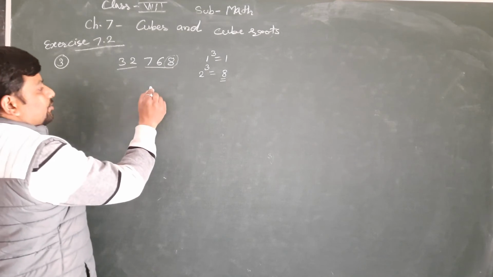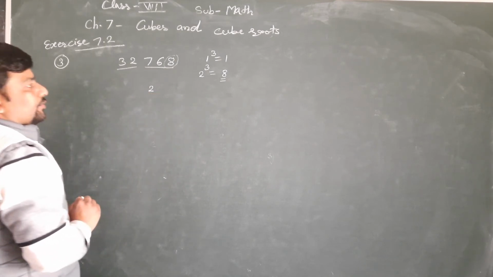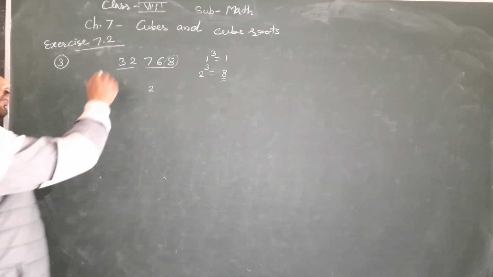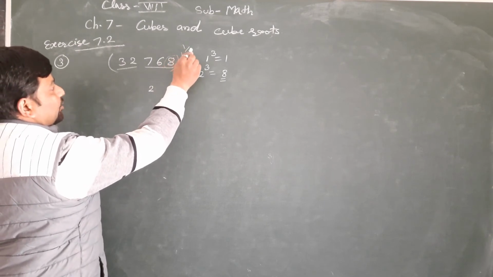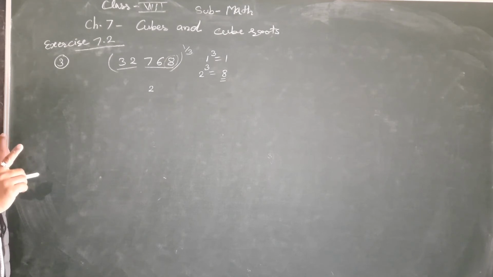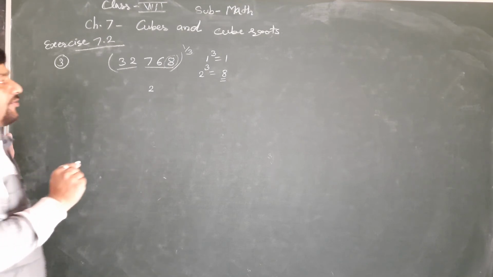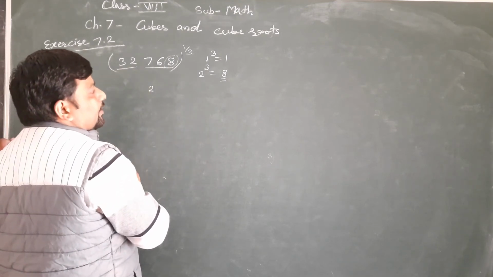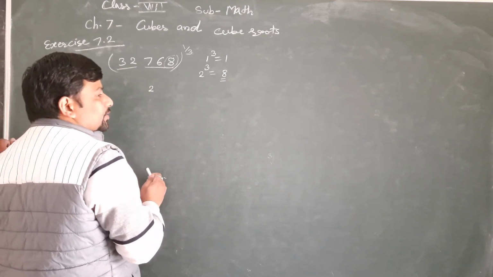So its unit digit must be 2. We want to find the cube root of 32768. So the unit digit in the cube root is 2. Now we want to find 32. Just go for the further part also.